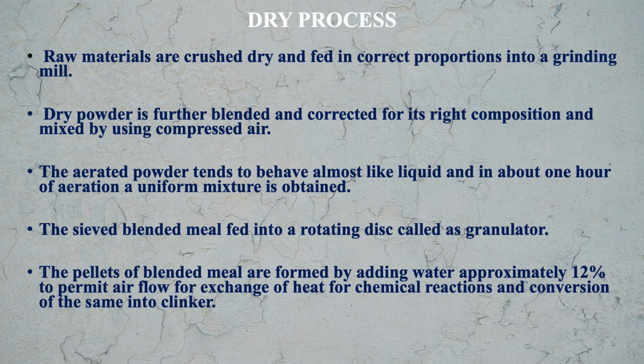Means what we do here is we add 12% of water so that pellets of this blended meal are formed. Because if it remains in powdered form, there will not be uniform heating or burning of this material. So pellets are formed by adding 12% of water.